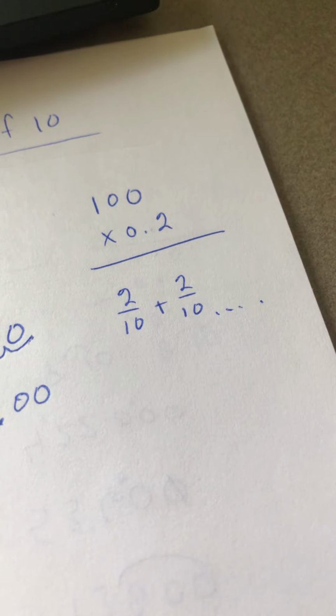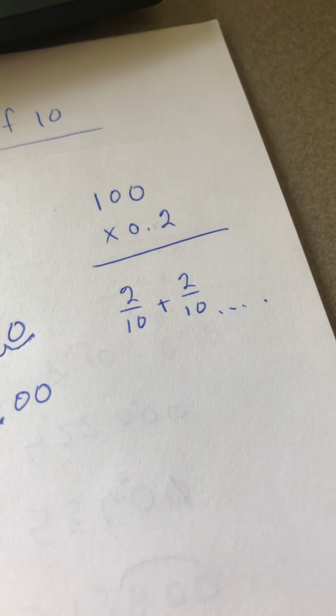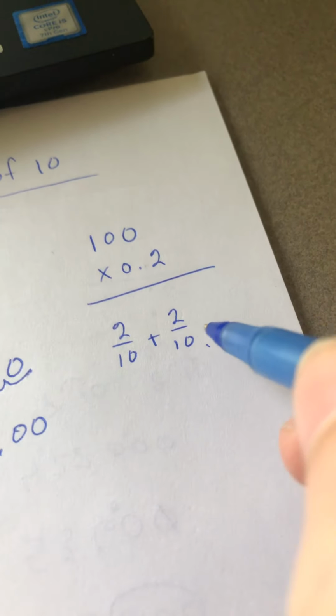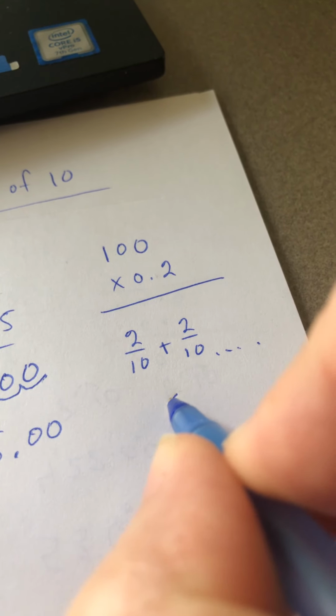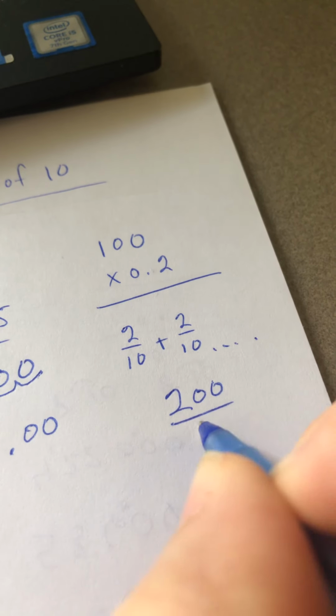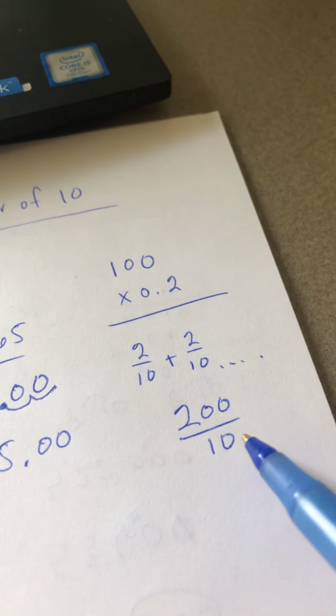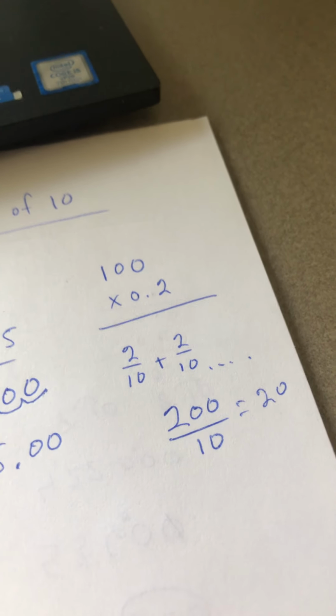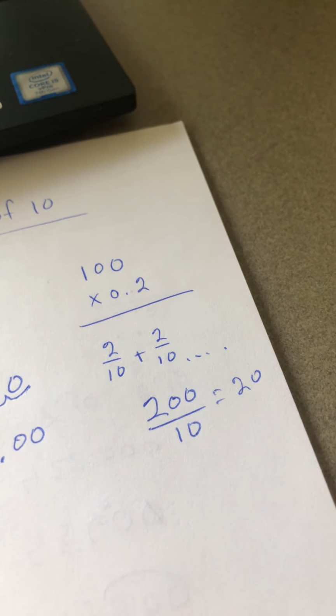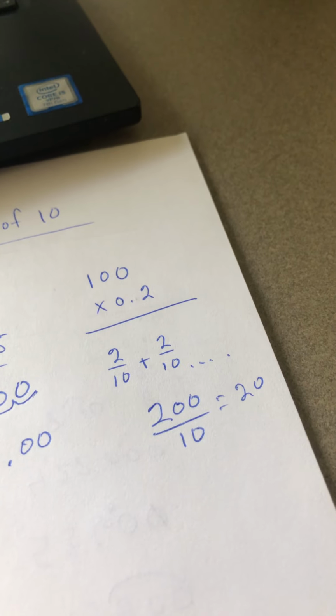Well, in that case, you would get what? Well, it'd be 200 tenths, right? And then how many times does 10 go into 200? 20. Okay, so you can think of it as fractions too.